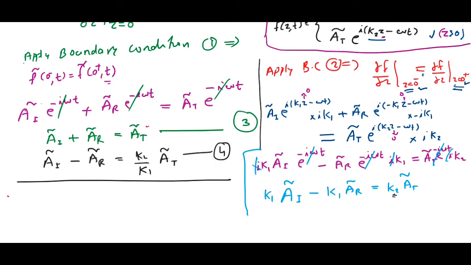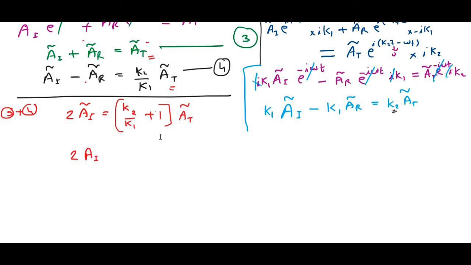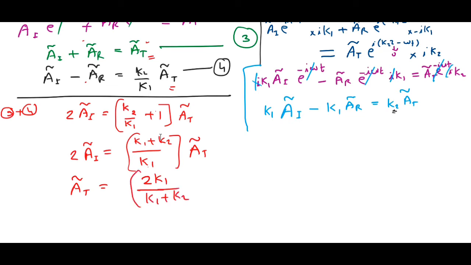Next, to write A_t in terms of A_i, I add equations 3 and 4. That is, 2A_i is equal to k2 by k1 plus 1, with A_t outside. Taking k1 as denominator, 2A_i is equal to (k1 plus k2) by k1 into A_t. Keeping A_t on one side, A_t is equal to 2k1 by (k1 plus k2) into A_i.